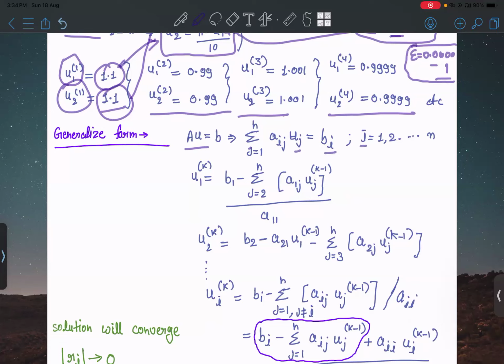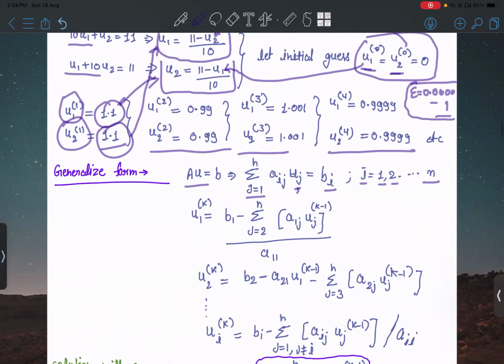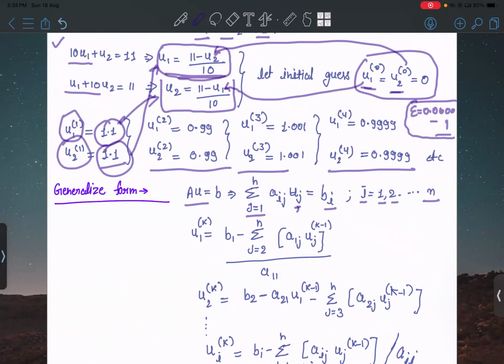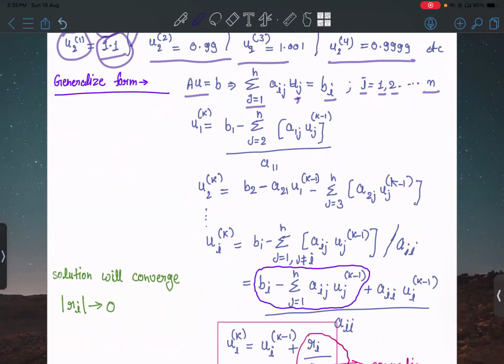Here i is the number of equations and j represents the number of variables. To solve the equation, i will be equal to j. Now, what I have done here is, suppose the first equation is my u1 equation.